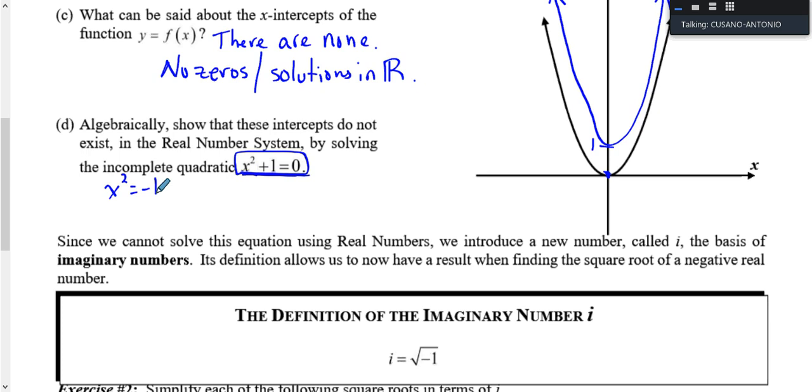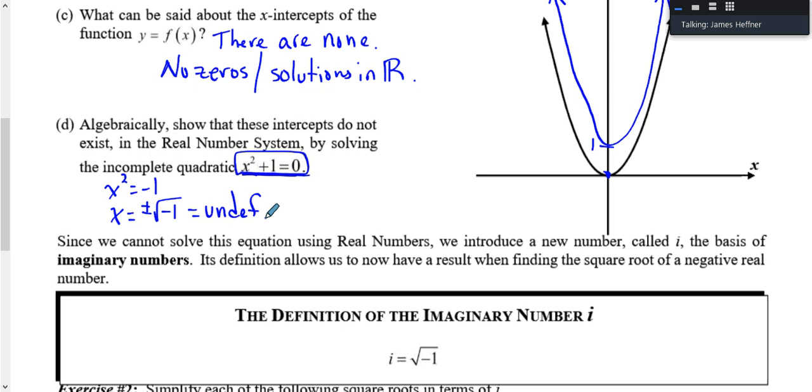Then we take the square root of both sides. So we end up with x equals plus or minus the square root of negative 1. Uh-oh. Is that valid? No. That's undefined, because it's a square root of a negative.